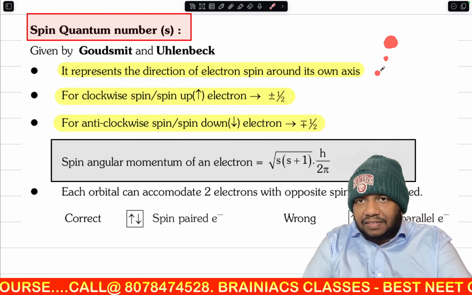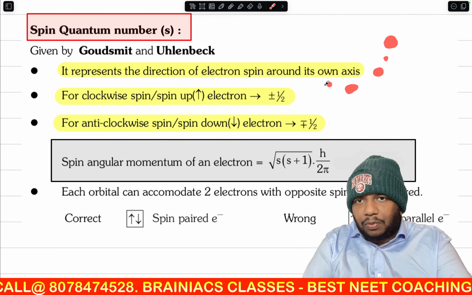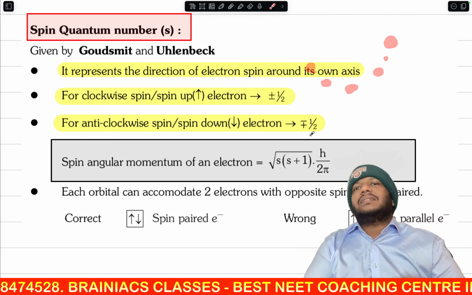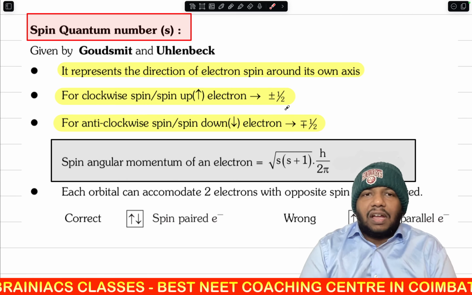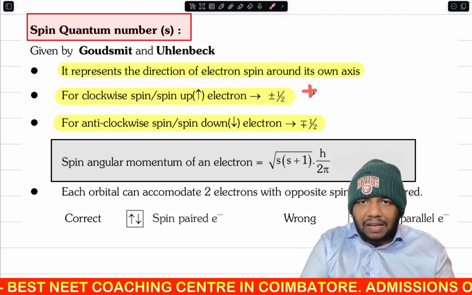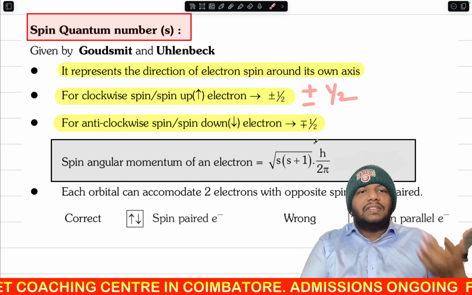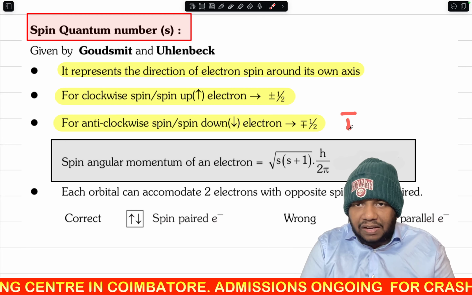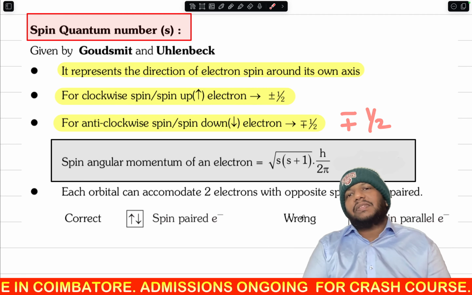When the electron is spinning in the clockwise direction, we represent it as plus half. If it is in the anti-clockwise direction, we put minus followed by half.